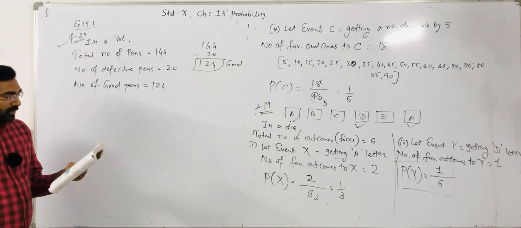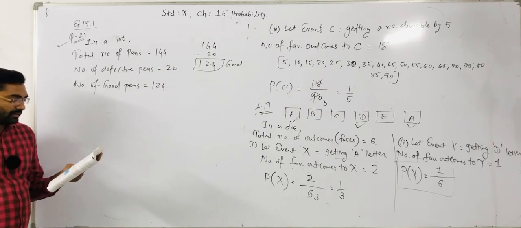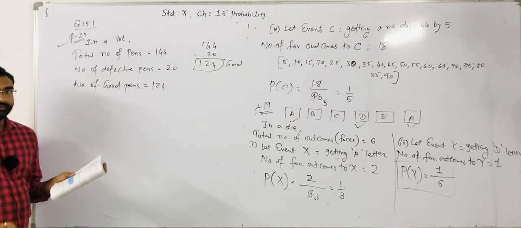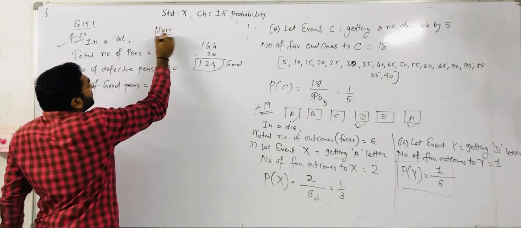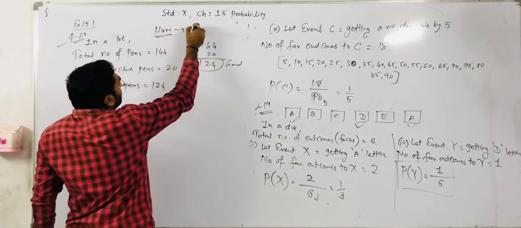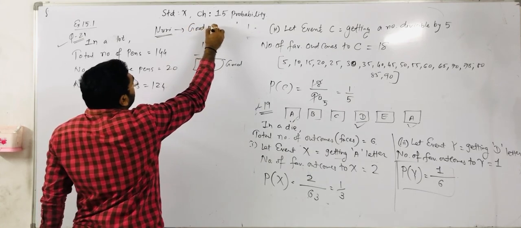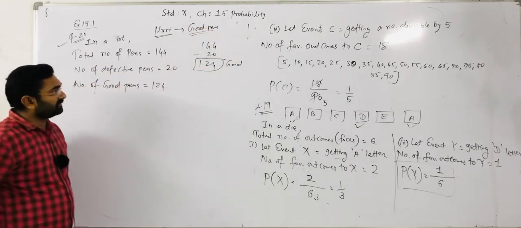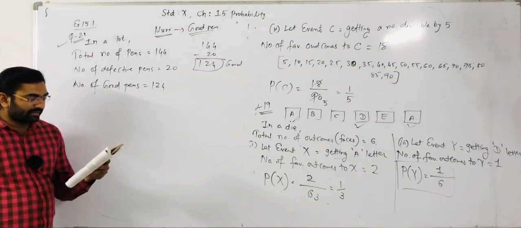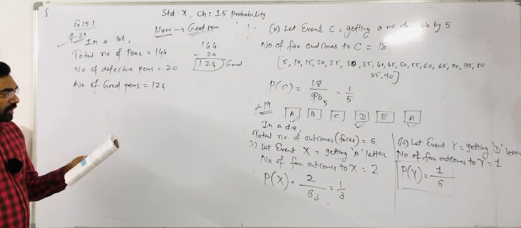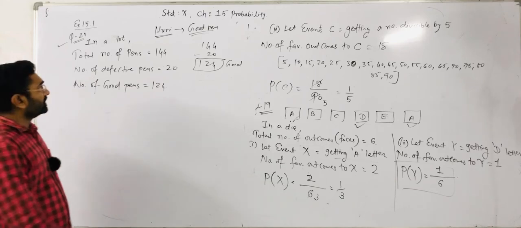Now Nuri will buy a pen if it is good. There is one person, Nuri. Her condition is that if it is a good pen, then she will buy. Otherwise, she will not buy. If it is a defective pen, then she is not buying. So the shopkeeper draws one pen at random from this lot.